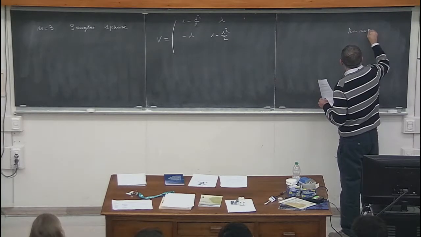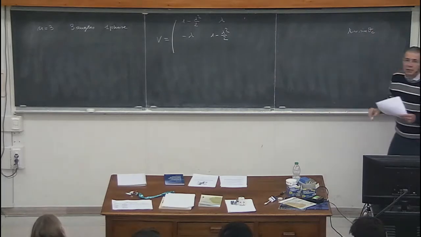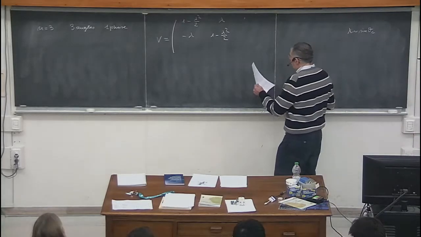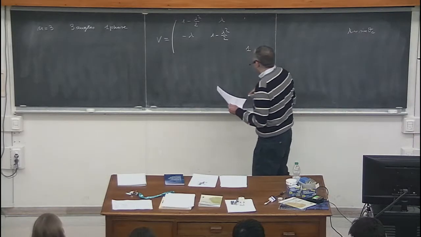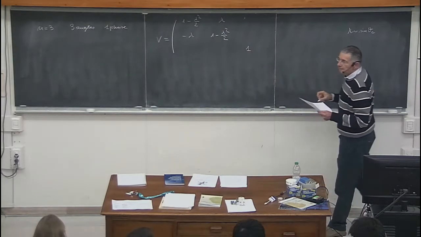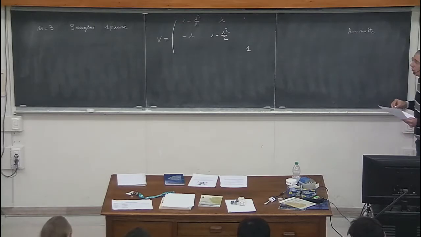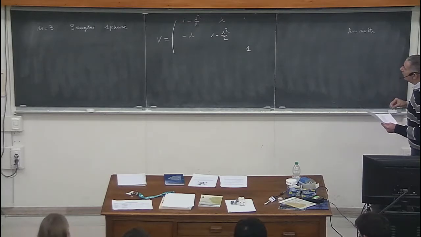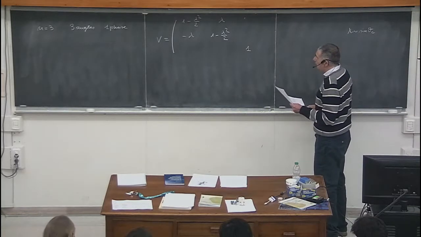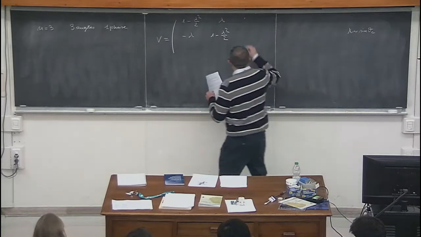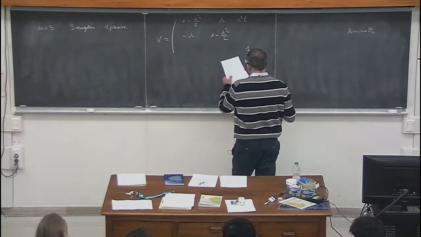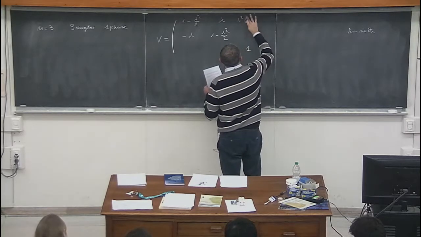Then you can check, it is experimentally known, that the 3-3 entry of the Cabibbo-Kobayashi-Maskawa matrix is very close to 1. And in the Wolfenstein parameterization, this entry here is parameterized as a constant A times lambda square times a complex number, rho minus i eta.